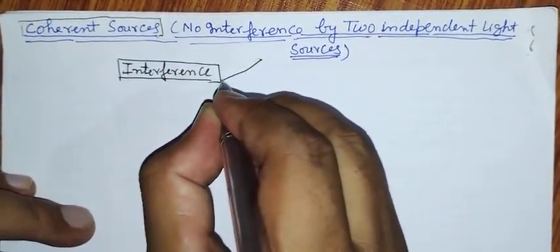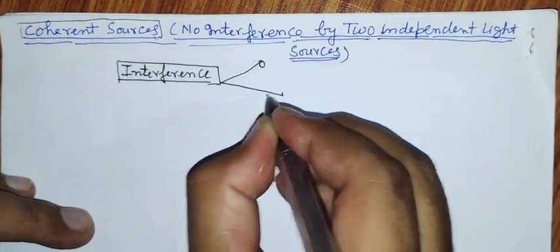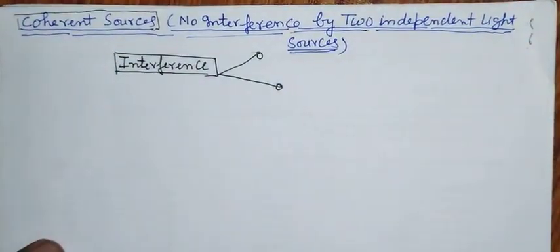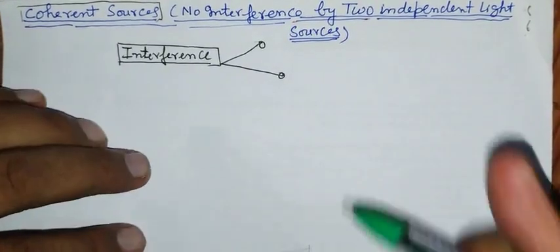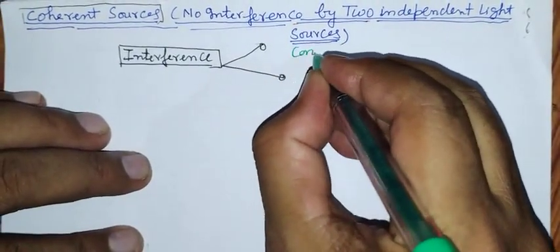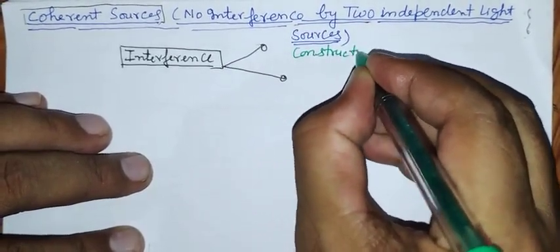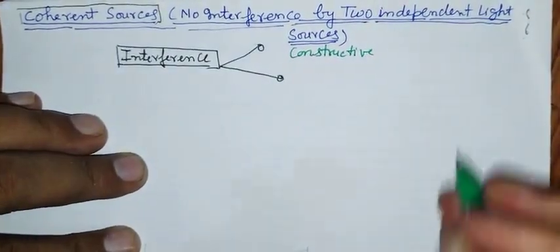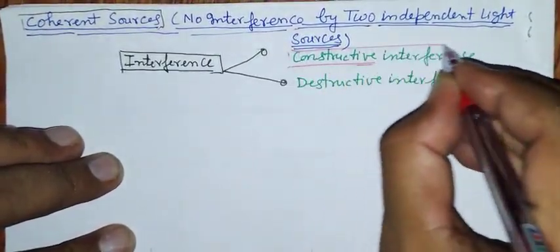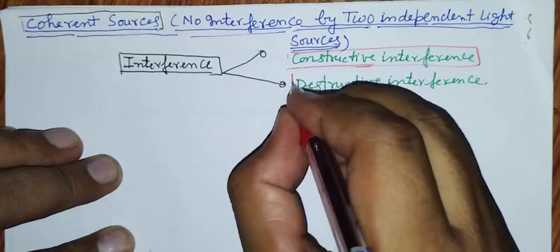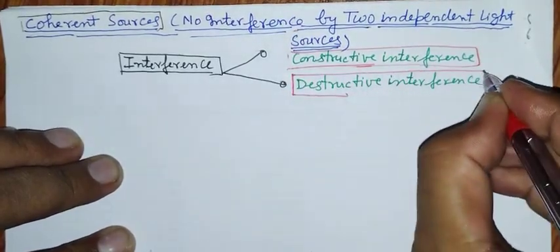Interference is the formation of two things. The first is constructive interference, and the second is destructive interference.